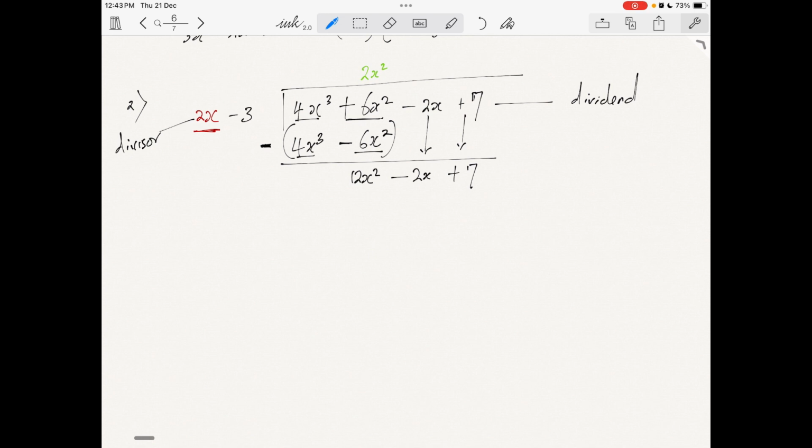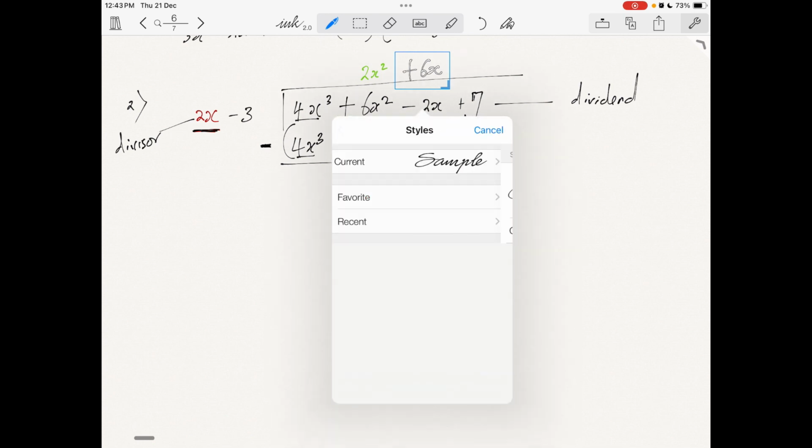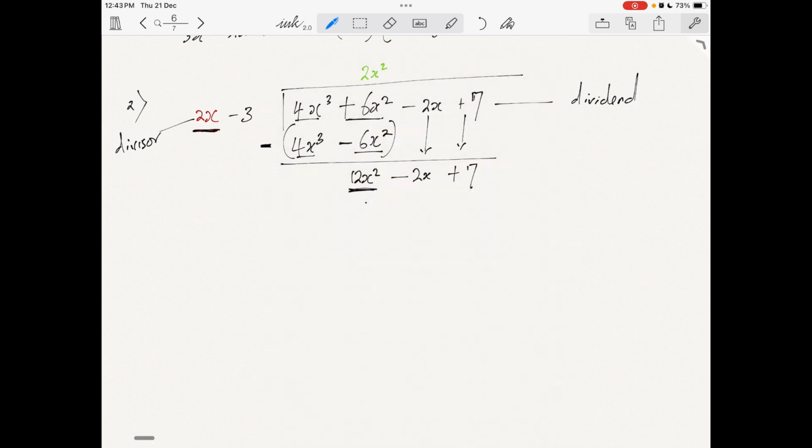So we are dividing this first term by the first term of the divisor. So that will give us 12x squared divided by 2x, and that will give us plus 6x. Now the next thing to do is to multiply plus 6x with the whole of the divisor.